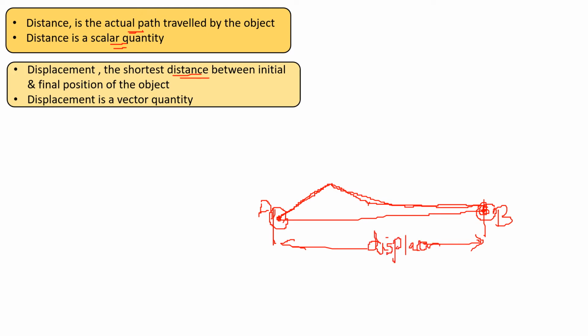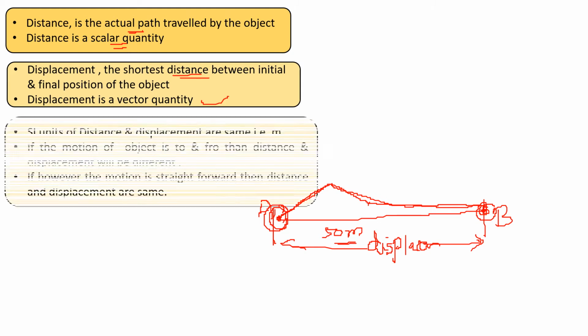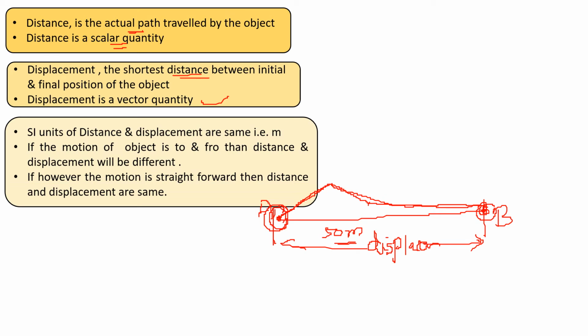Displacement is the shortest distance between initial and final position, and it is a vector quantity, because when we are saying displacement, we have to specify in which direction that shortest distance is, right? So here in this case we can say the object is displaced by 50 meters to the right side of A. Okay, like that we have to specify the direction along with the magnitude. Then that becomes the displacement. Hence displacement is a vector quantity. Now SI units of distance and displacement is meter.